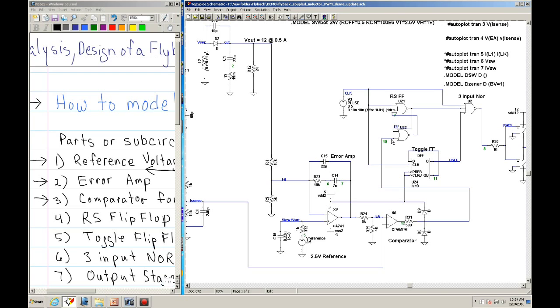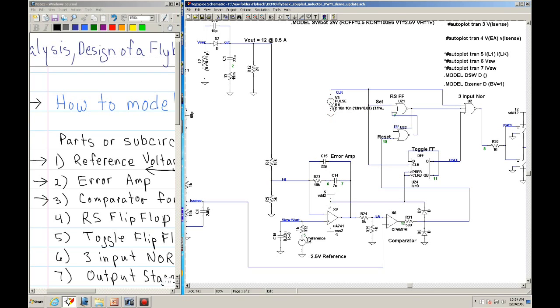Let's take a look at this side. This would be the set and reset. I'll label this as the reset and this as the set. This is just your regular RS flip-flop, and if you look at this line, you'll see my clock.